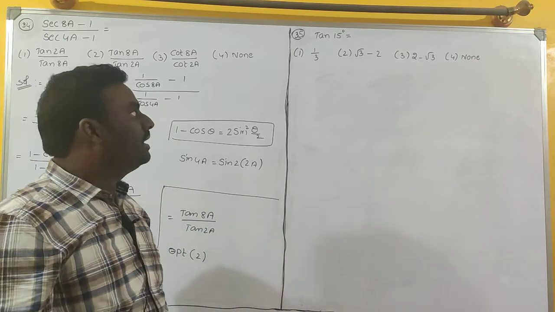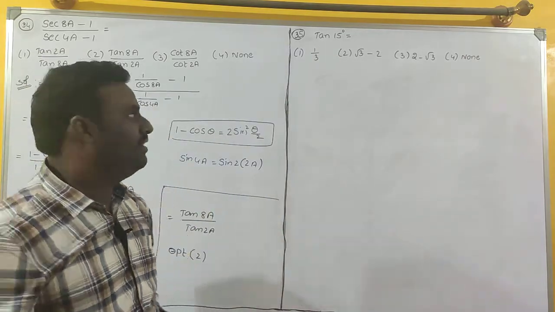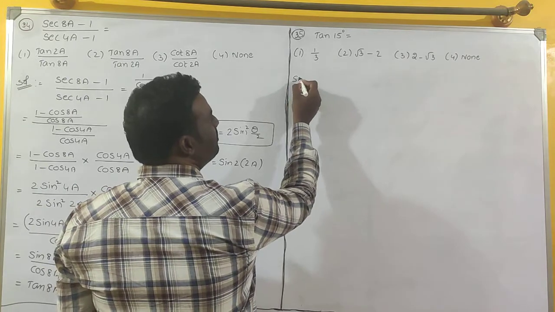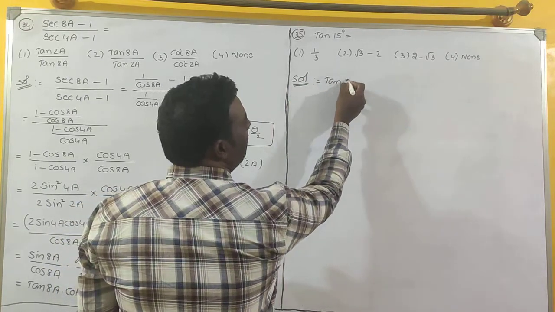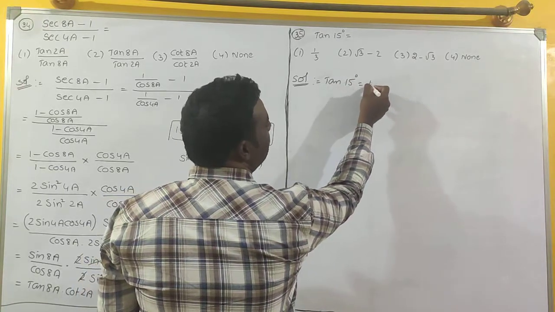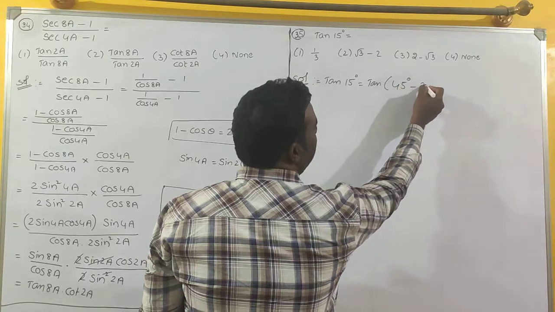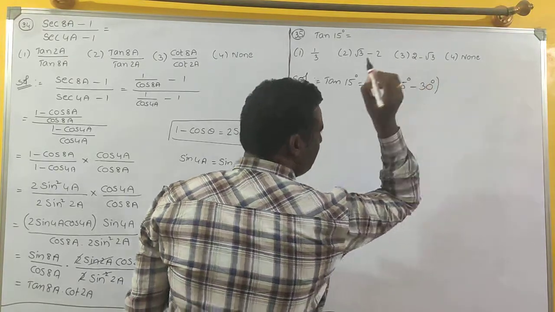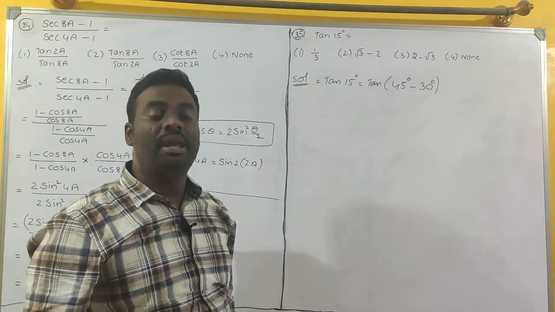Next, 35. In question 35, we need to find the value of tan 15. Solution. Tan 15 can be written as tan of 45 minus 30. It is in the form of tan of a minus b.